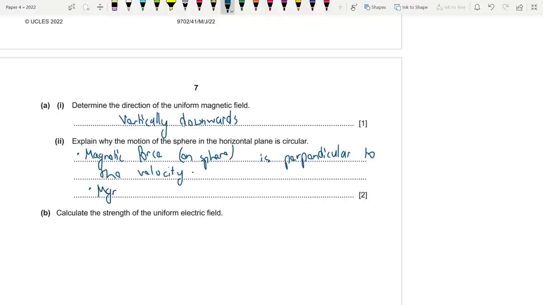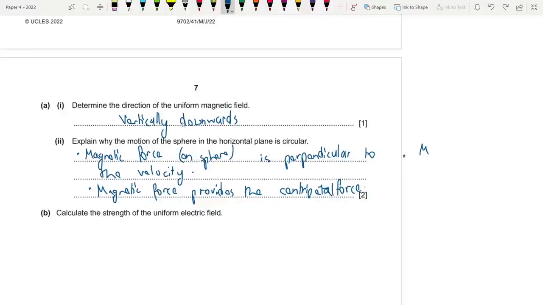So the magnetic force provides the centripetal force. All right, so we get 2 marks for that. And typically, if it's worth 3 marks, then you have to write something else.